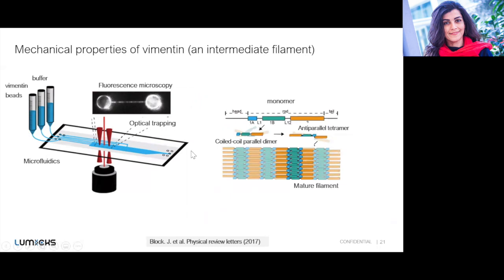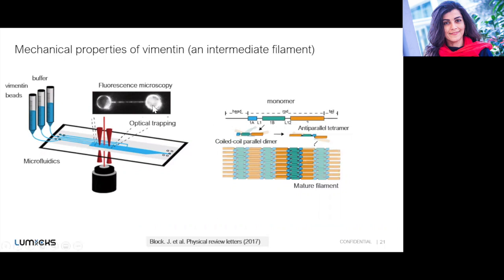First, by fluorescently labeling these filaments, they use the confocal scanning to see that the filament is formed between the two beads.